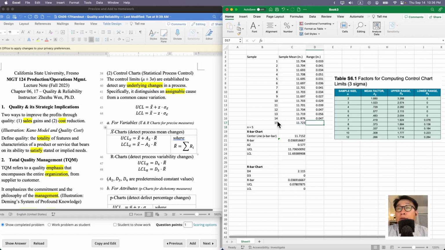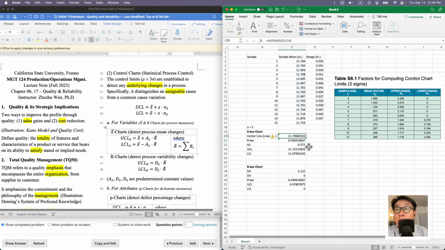However, your range may have changed. Did it? Did R bar change? R bar didn't change.